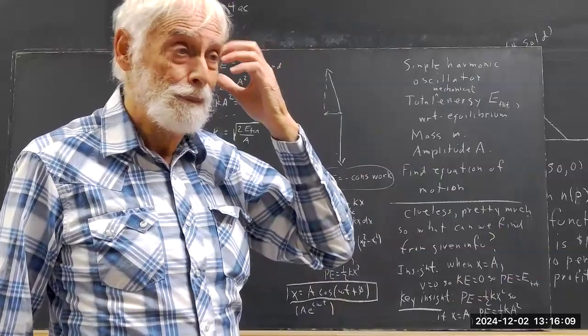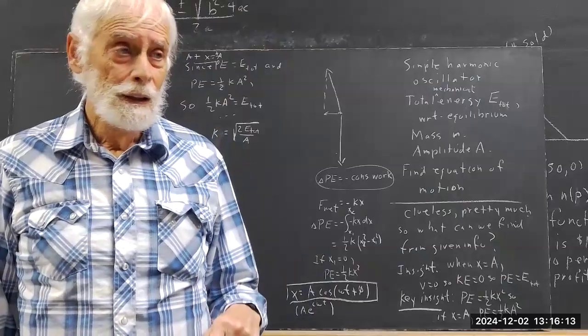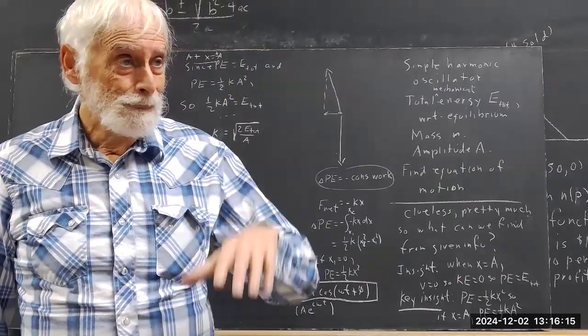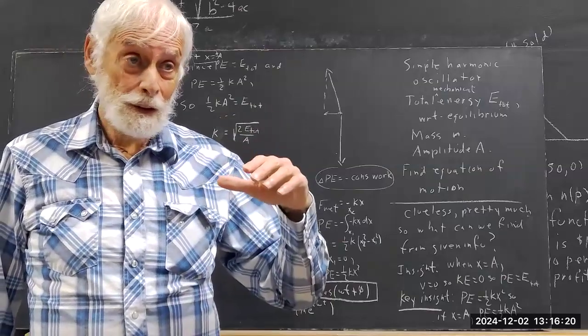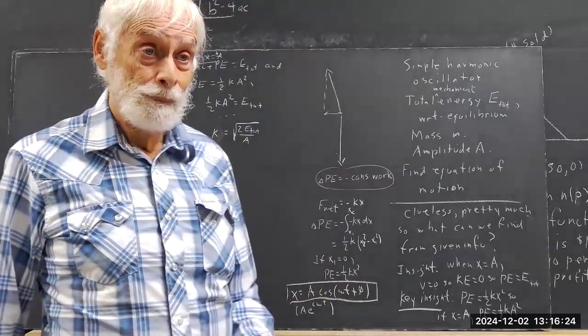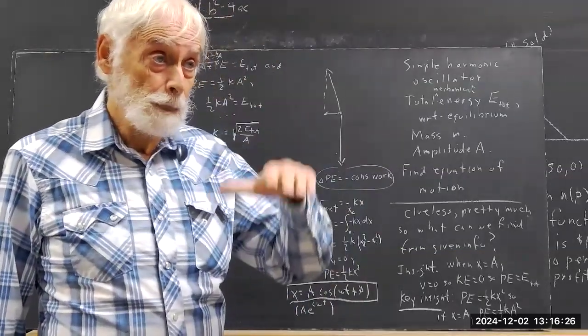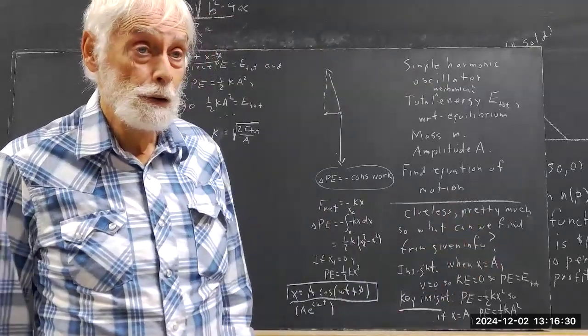Okay. Now, one thing I've heard a lot of in our discussions is things about gravity, mgy or mgh or whatever. And that's all relevant if you have a pendulum, because you can analyze a pendulum based on potential energy due to gravity.